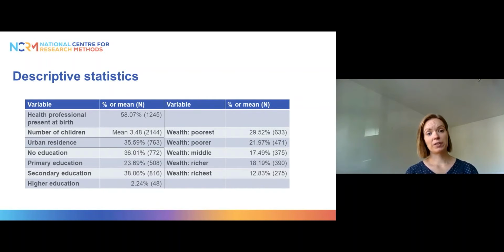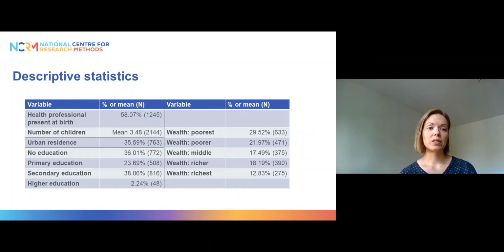When it comes to the explanatory variables, the mean number of children in the sample was 3.5, and we have 2,144 women in our sample. Just keep in mind that this is not the mean number of children in the population of Ghana in 2008, because by definition we only have women who have at least one child in our analytical sample, because we are interested in their experiences in their most recent birth.